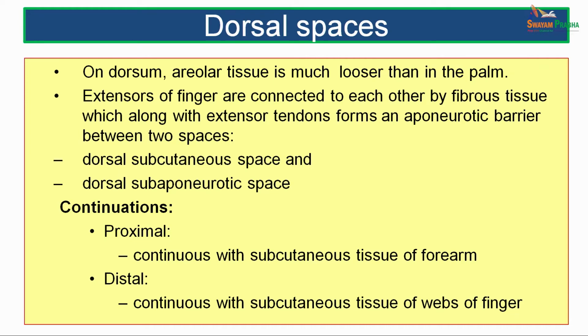These are the dorsal subcutaneous space and the dorsal subaponeurotic space. These spaces are continuous proximally with the subcutaneous tissue of the forearm, and distally they are continuous with the subcutaneous tissue of the webs of the fingers.